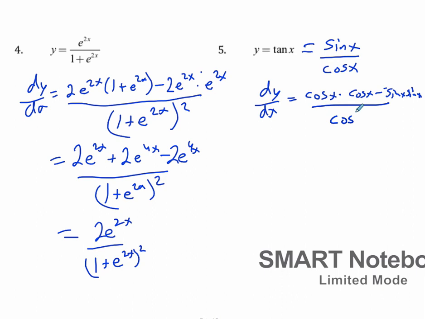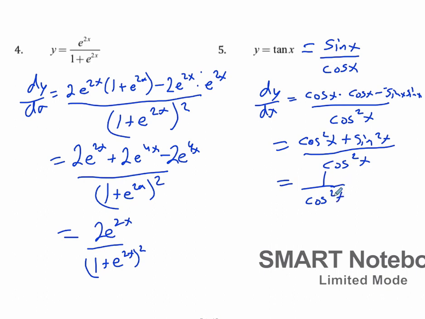The bottom is just going to be cosine squared x. Okay, so that's just cosine squared x plus sine squared x over cosine squared x. And recall cosine squared plus sine squared is just 1. So we have this, which is equal to secant squared x.